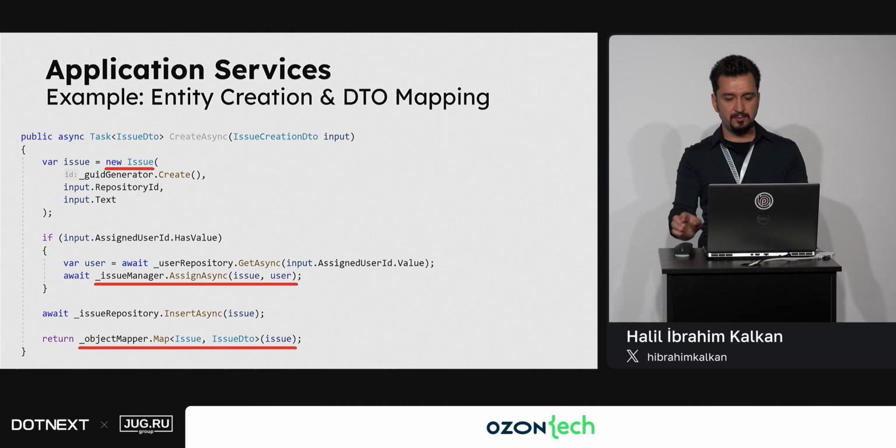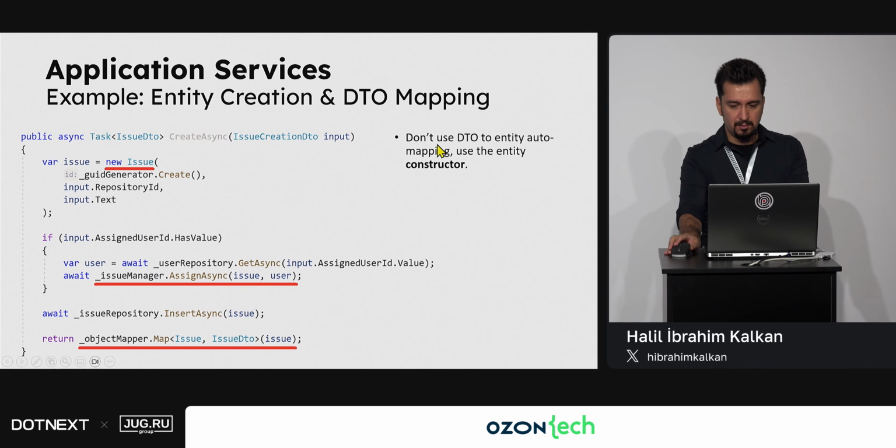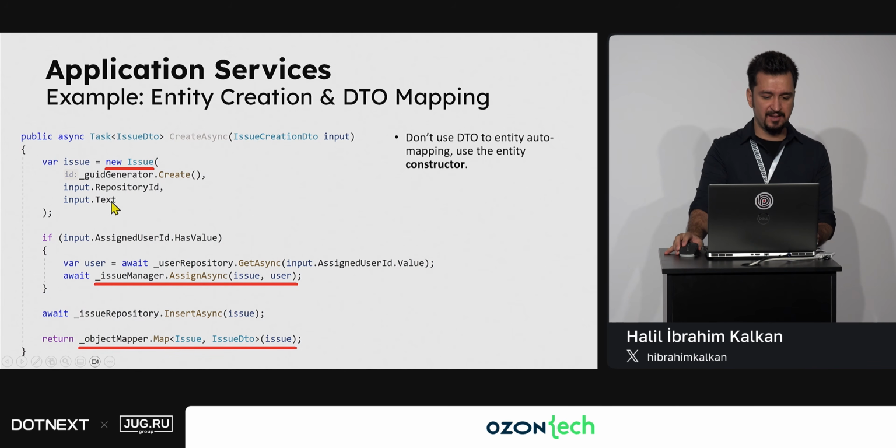Let's see an example. You see, we have an issue creation method. We are getting a data transfer object that contains repository ID, text, and so on. Here we are using the primary constructor of the issue to create a valid issue entity.